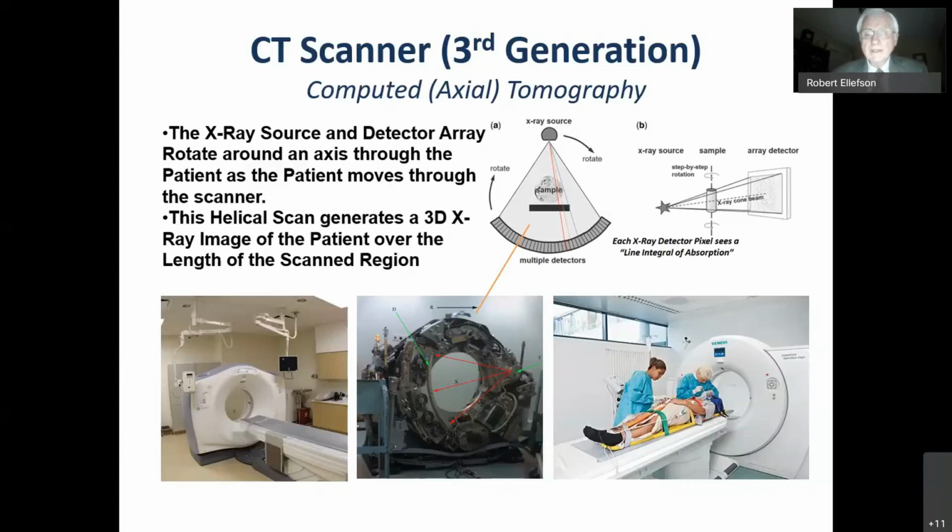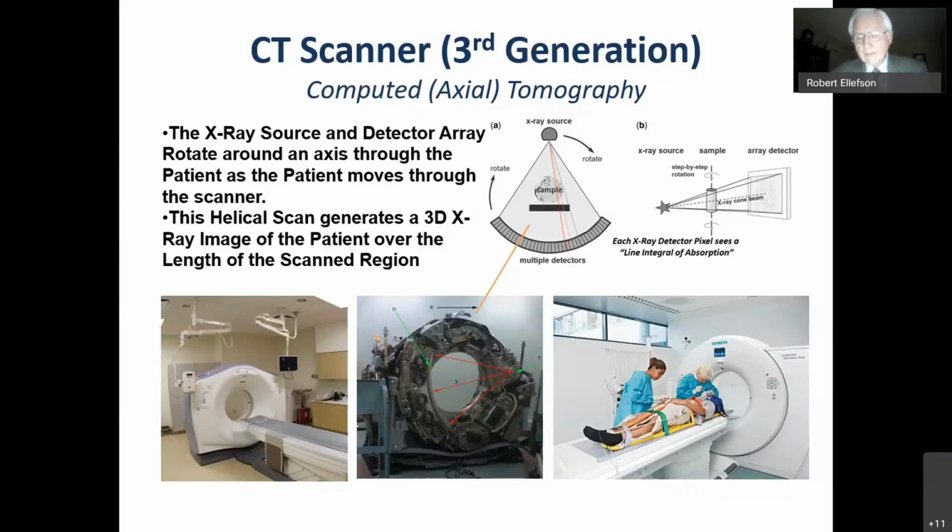So this rotates a few revolutions per minute around the patient, and is taking X-rays as it goes. And meanwhile, as it's rotating, the table that has the patient on it is slowly moving into this X-ray generator and getting new slices of tissue that it's looking at and recording the images of.